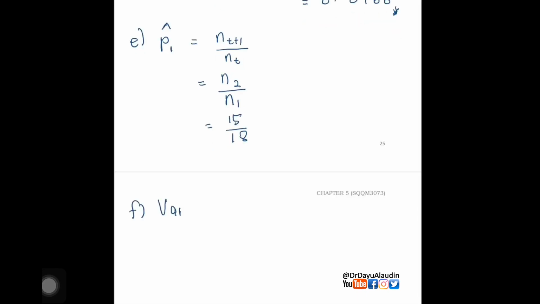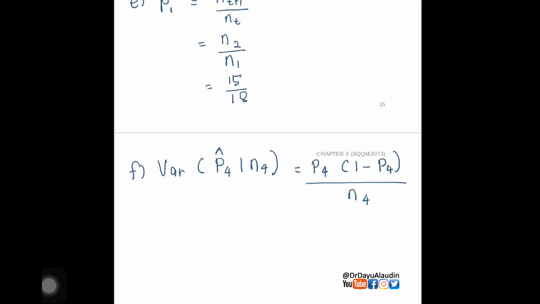So variance for the conditional probability of survival at t equal to 4, for example. We use P4 times 1 minus P4 over N4. You can refer back to the formula.